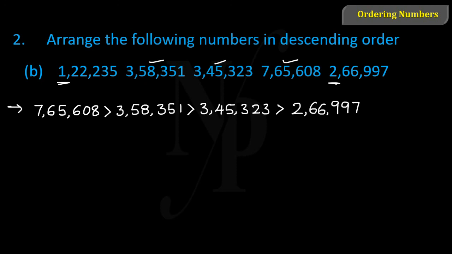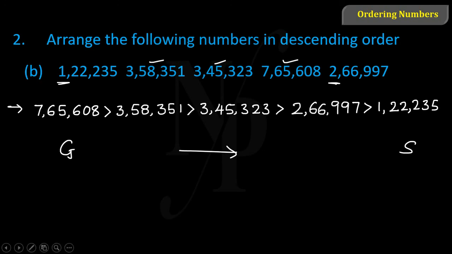And finally, after putting greater than symbol, we will write down 1,22,235. So we have arranged the given numbers from greatest to smallest. Therefore, this arrangement of numbers is in descending order.